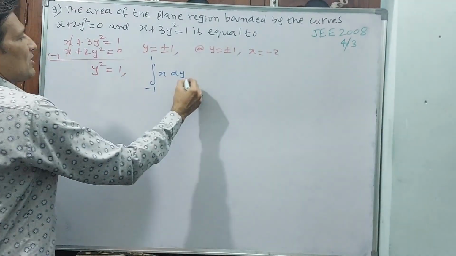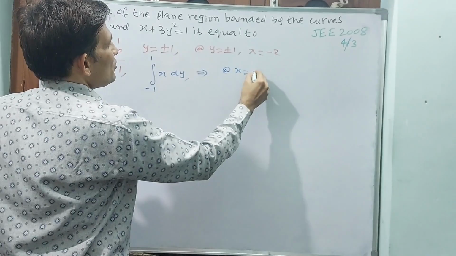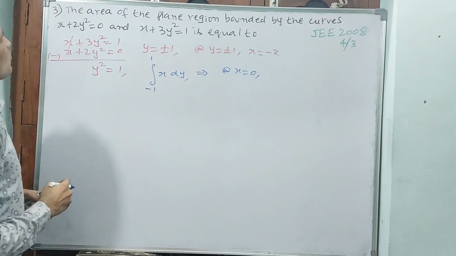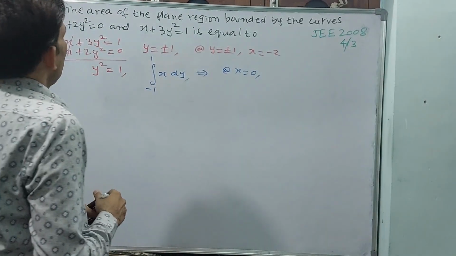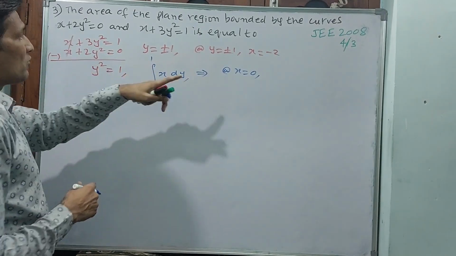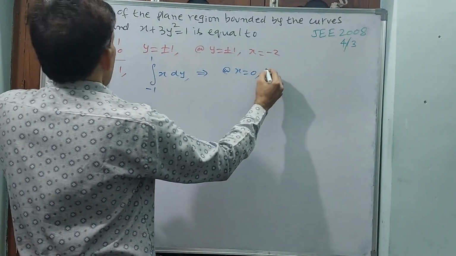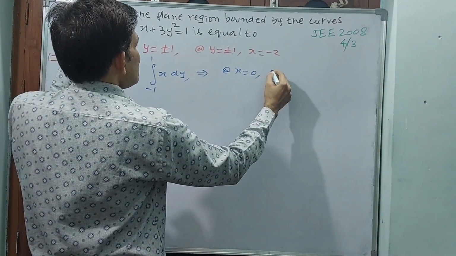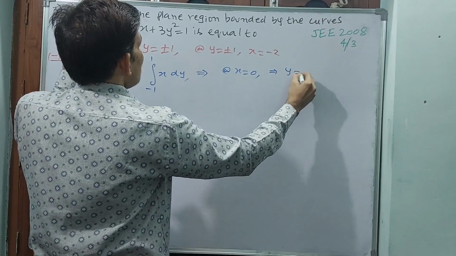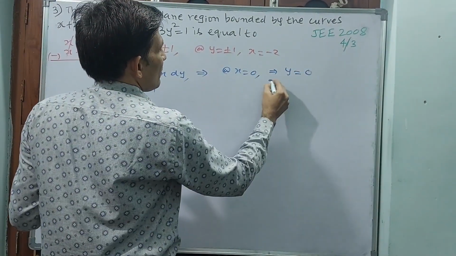Okay, see what I want to say. I am taking x is equal to 0. Then the y value in the first function is 0.